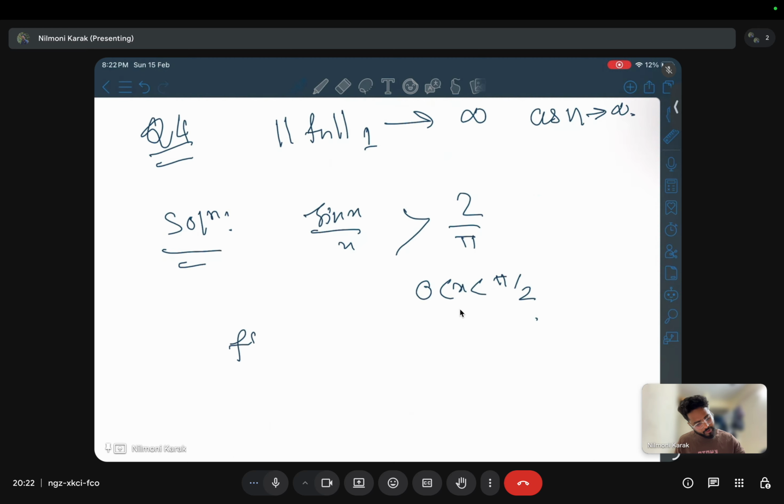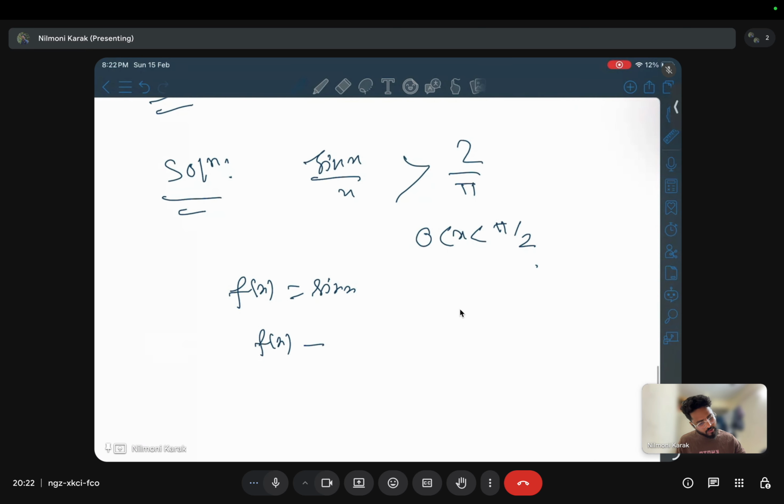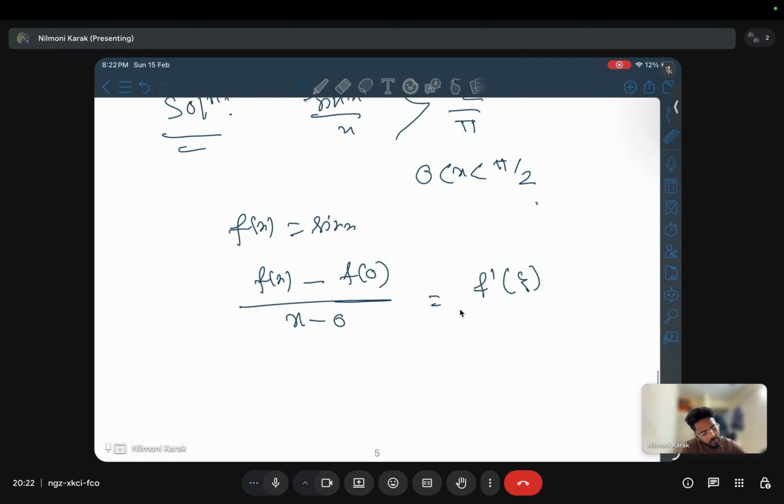How? So f(x) is your sin x. f(x) minus f(0), divided by x minus 0, equals f dash y, right? So this is sin x by x equals cos y.